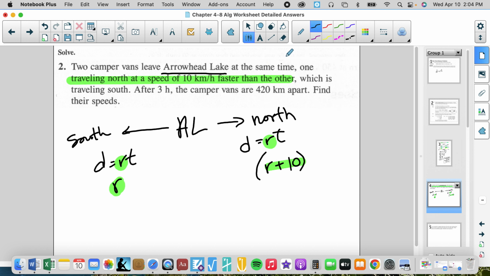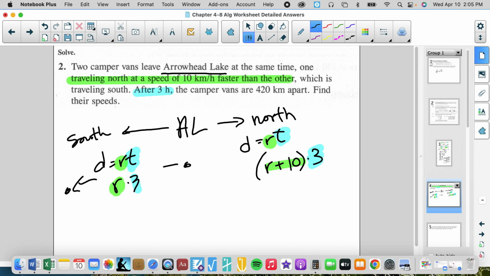After 3 hours, so I know my time. That's typically not given to you, but in these first 2 examples, it's nice that we know the time. We know that they're going to travel for 3 hours. The camper vans are 420 kilometers apart. So we know the distance from the starting point after 3 hours.